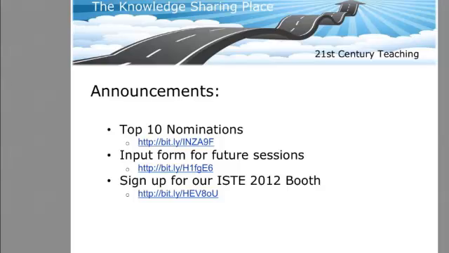So announcements. It's that time of year where you get to nominate your top 10 binders for the year, for 2012. And this is the link here. I don't know if somebody wants to copy that into the chat. It's on our website under Learn More, and it's a form. You can nominate as many binders as you like, one at a time, and they can be in any category that you want.